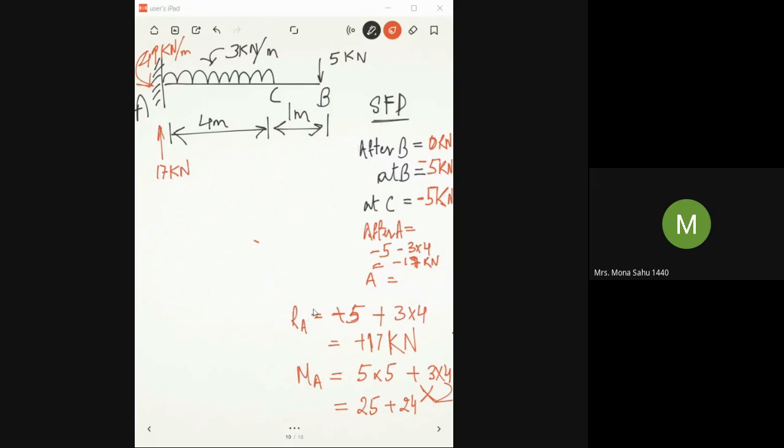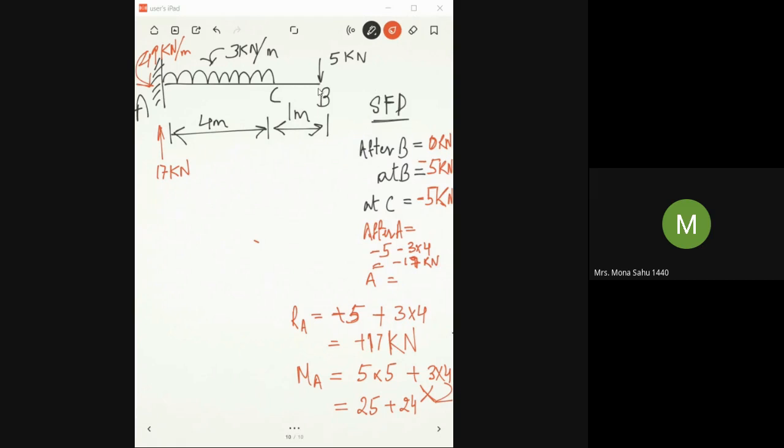RA is 5 plus 3 into 4, which gives you 17 kilonewton. MA is 5 multiplied by the perpendicular distance 5, plus 3 into 4 multiplied by 2. So you'll get 49 kilonewton meter. That's the first step, completed. Next is the shear force diagram.